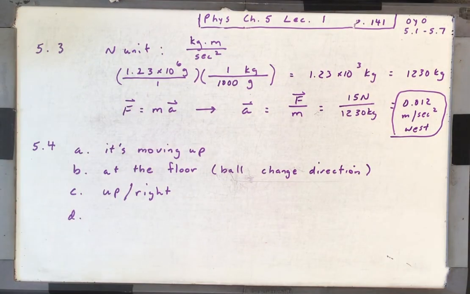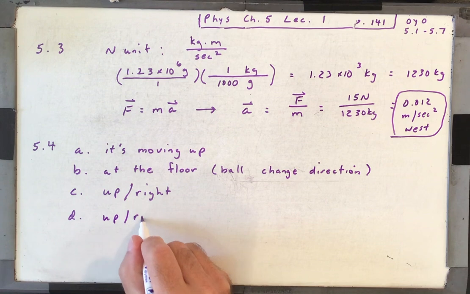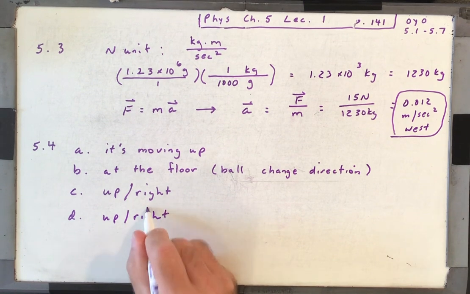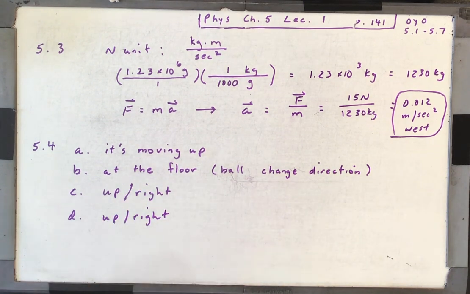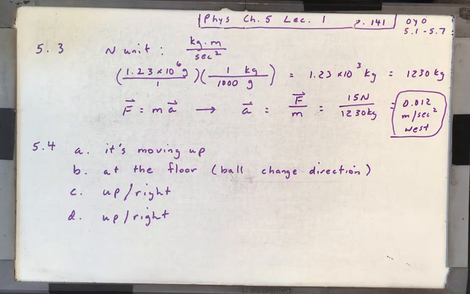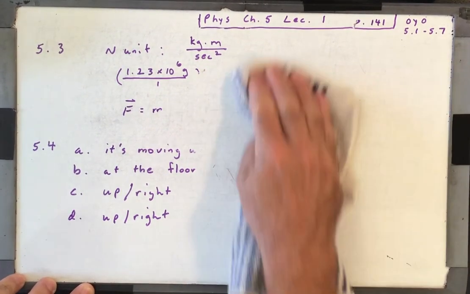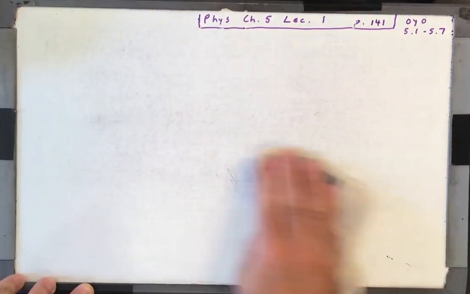Well, it's in the same direction as the force, up and to the right. All right, so 5.4, it's not meant to be difficult, just kind of common sense answers on that. All right, well, flip your notes over to page 2, and I'll clean off our board. And we'll do the second half of today's lecture.